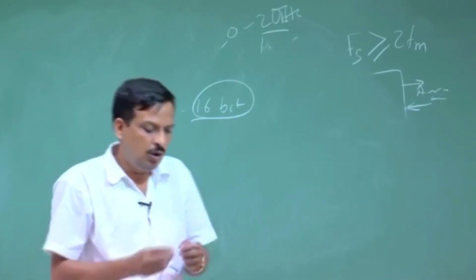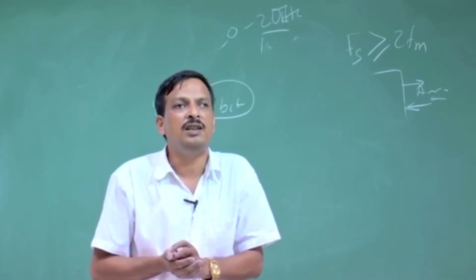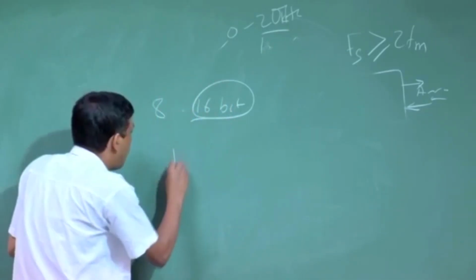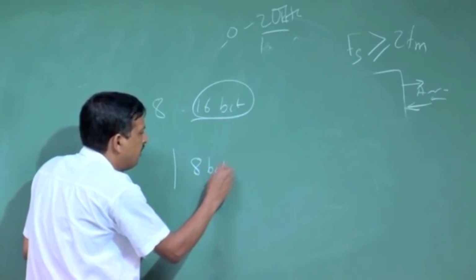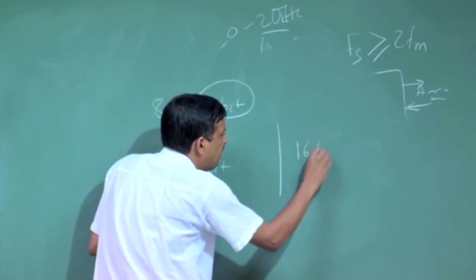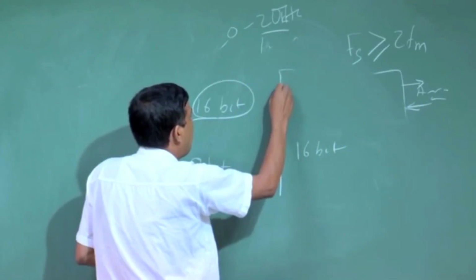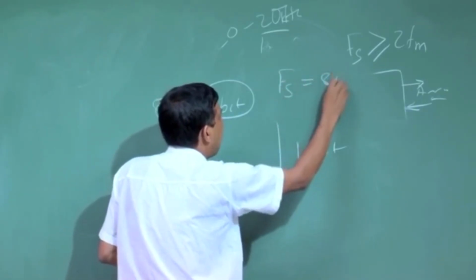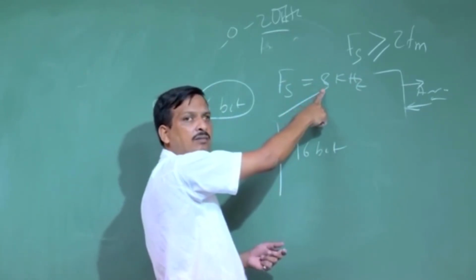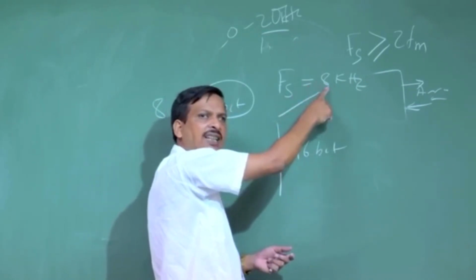What are the other aspects? Once I increase the quantization level, what increases? Data size. Because if it is 8 bit, one sample is represented by 8 bit. If it is 16 bit, a single sample is represented by 16 bit. Similarly, if Fs is 8 kilohertz, in 1 second I generate 8k samples.